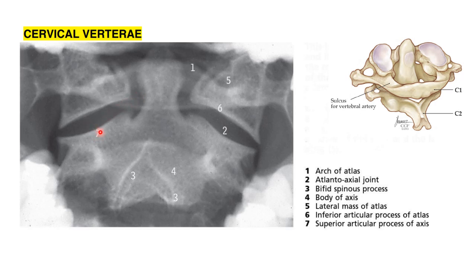And of course there is a gap. There's this articulation between the articular processes too. So you can say this is the atlantoaxial joint. So studying an X-ray with its diagram, with a schematic picture, will always help you identify the features very clearly. Thank you.